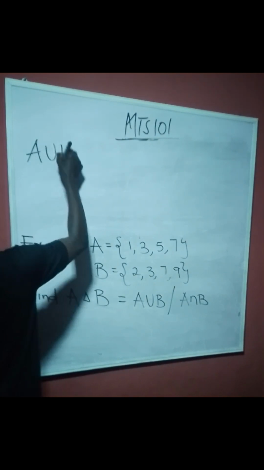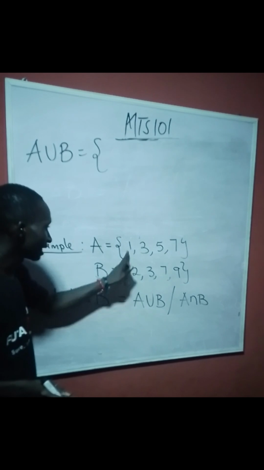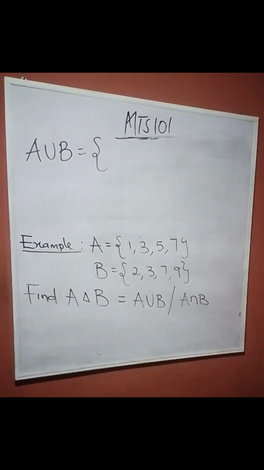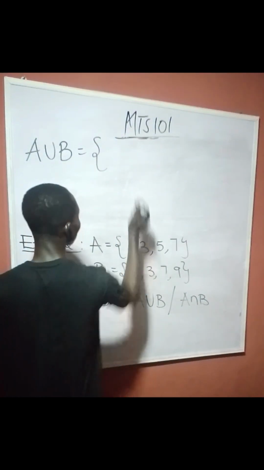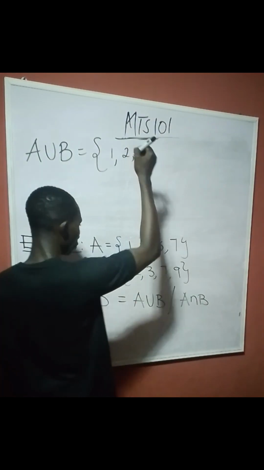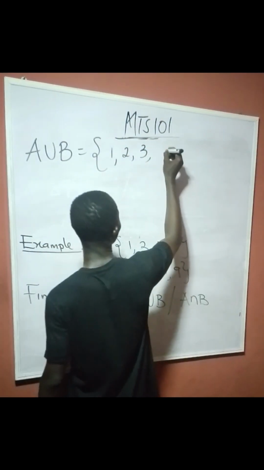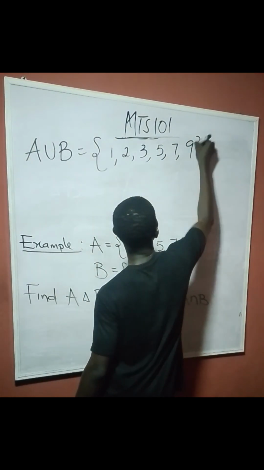A union B. Don't forget, what does union mean? Union means bringing the elements together without repeating common elements, right? Great. Let's bring it together. 1, 2, 3 is common. You pick it once, right? 5, 7, and 9. Correct.